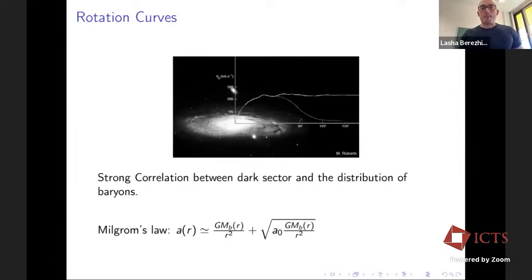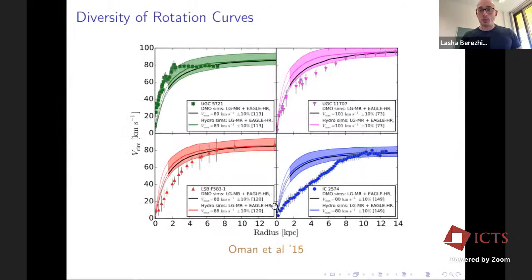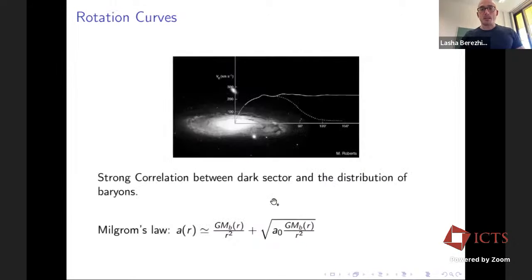Okay. So now going back to rotation curves. By analyzing these rotation curves, there is an empirical relation that has been observed, that was first proposed by Milgrom as a modification of gravity. I will say a few words on that. But the point is that the circular acceleration of baryons, the visible stuff, as a function of distance, seems to be tightly correlated with how baryons are distributed.